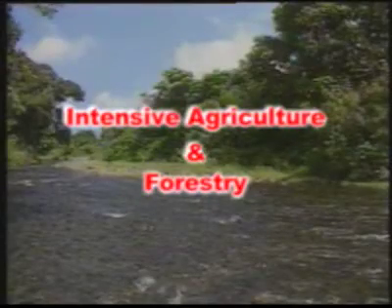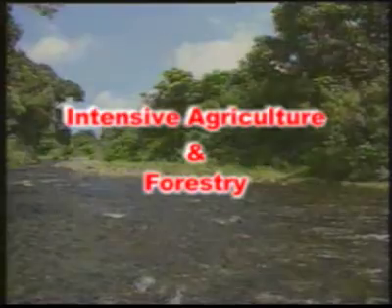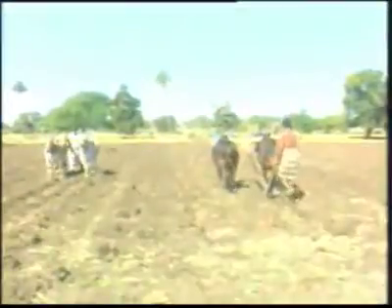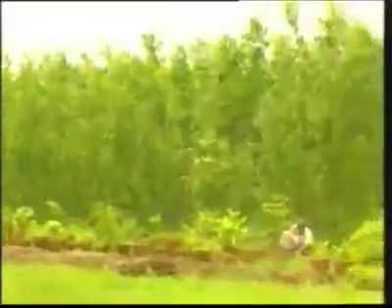Intensive agriculture and forestry. In India, grasslands are continuously being changed to agricultural land to meet the food demand of the growing population. Under silviculture and social forestry, trees like eucalyptus, sal and rubber are cultivated after deforesting the natural forest.